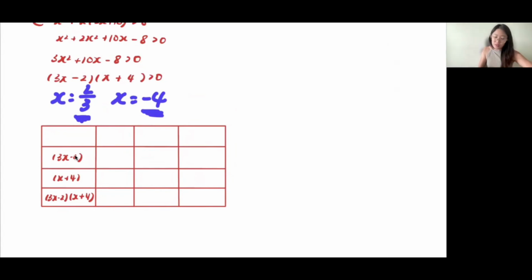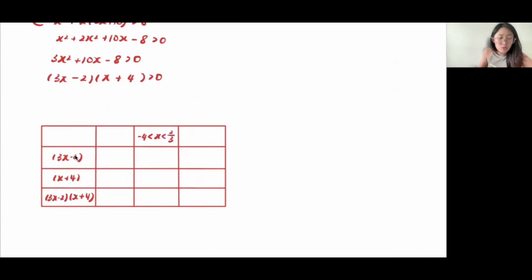So we have a possibility of x in between negative 4 and 2 over 3, and another set, x lesser than the lesser root or x greater than the greater root.